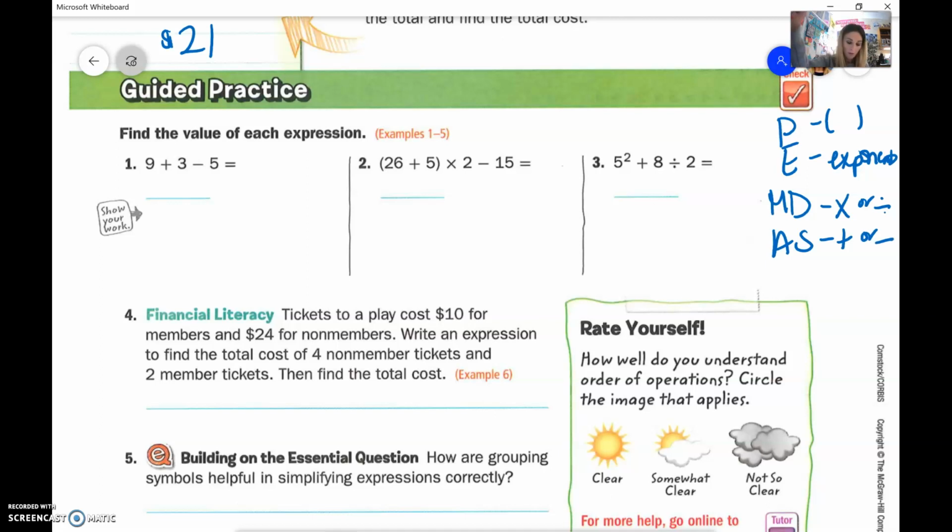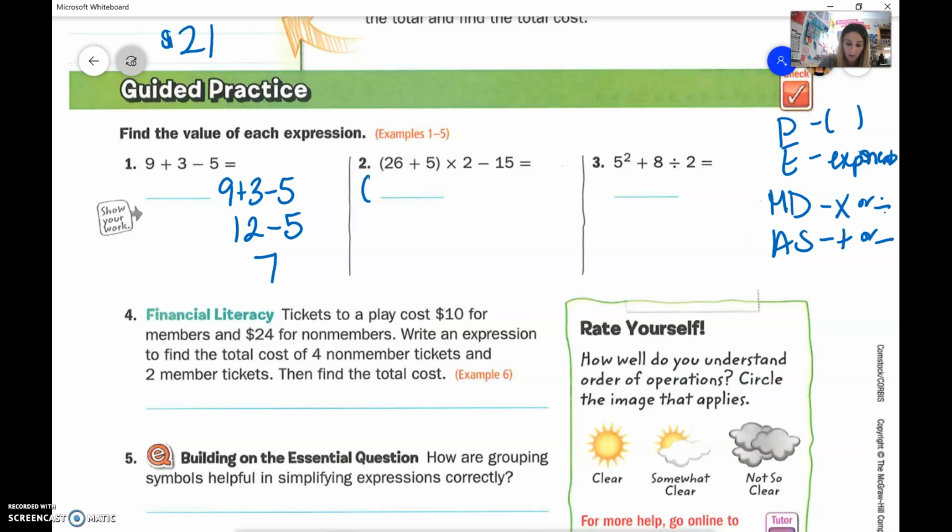So here we go. We're going to rewrite this problem. 9 plus 3 minus 5. Parentheses, do I have any? Nope. Exponents? Nope. Multiply or divide? Don't have any. Then I move on to add or subtract left to right, so I do whatever comes first, which is 9 plus 3, which is 12. And then I bring down my minus 5. 12 minus 5 is 7, so my answer is 7.